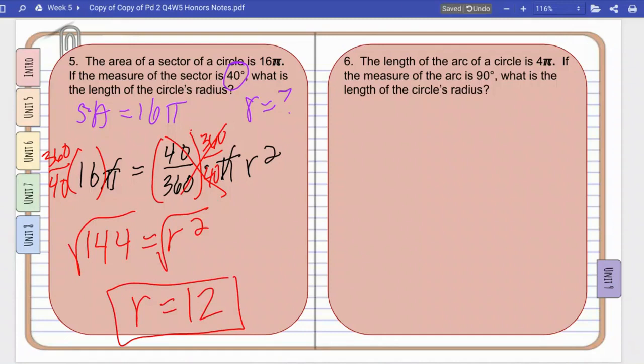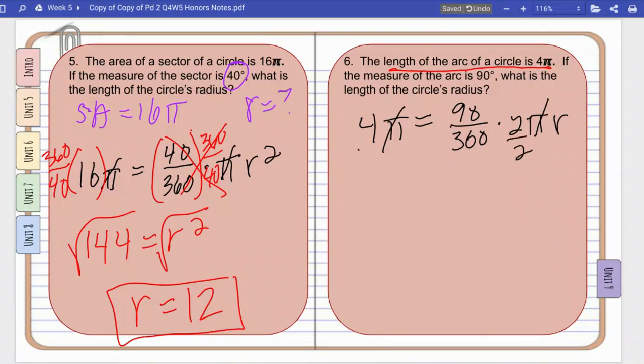So over here, they're using arc length now. So they gave us what the arc length is. And they gave us a sector's 90 degrees. Can we find the radius? So arc length, that's going to be 4 pi equals 90 over 360 times 2 times pi times radius. Since there's a pi on both sides, when we divide it out, it cancels. I can move the 2 over by dividing it.